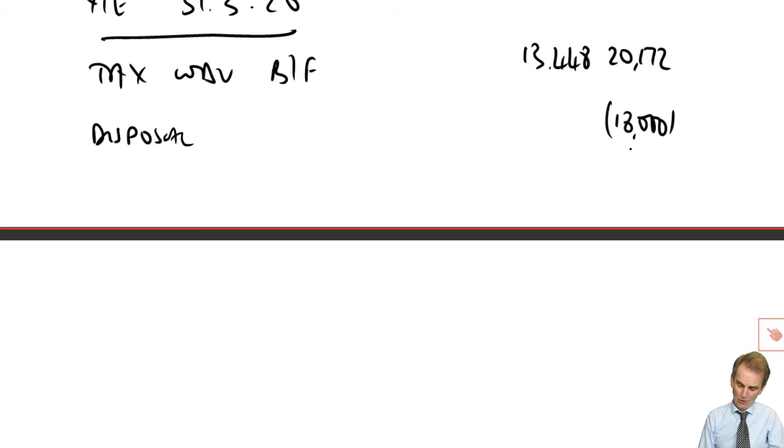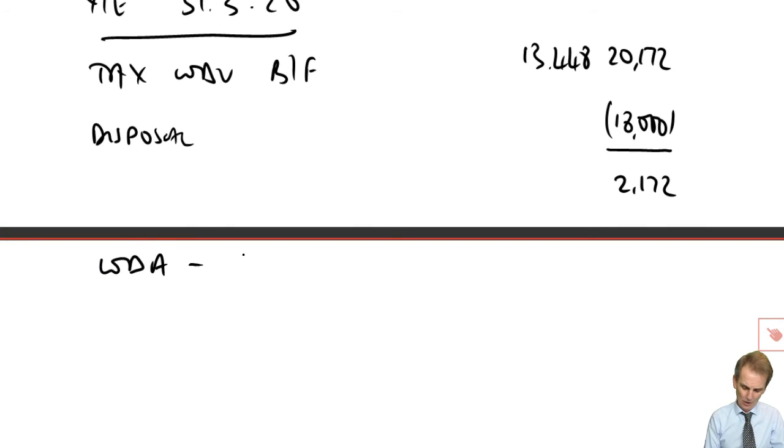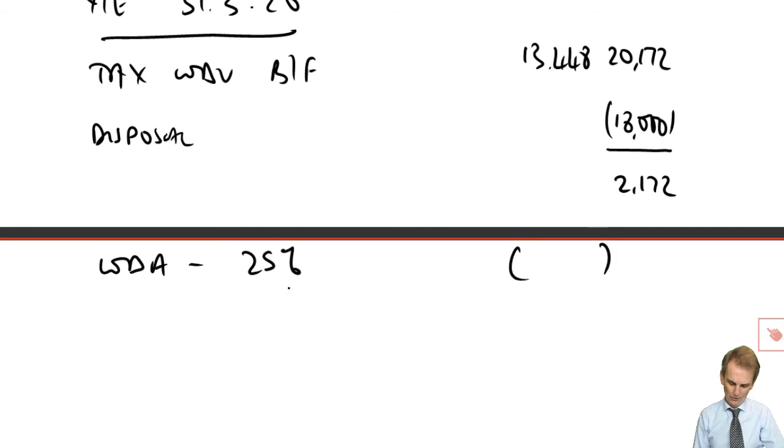What we'll then attempt to do, having deducted the disposal, is to deal with, as we normally do, our normal writing down allowances. But that's where things will get a little bit different. 18 from 20,172 is 2,172. We would, of course, compute our writing down allowance of 18% on our main pool.